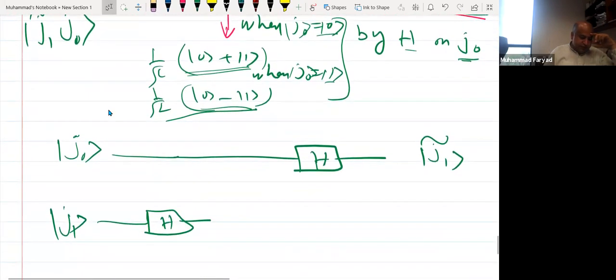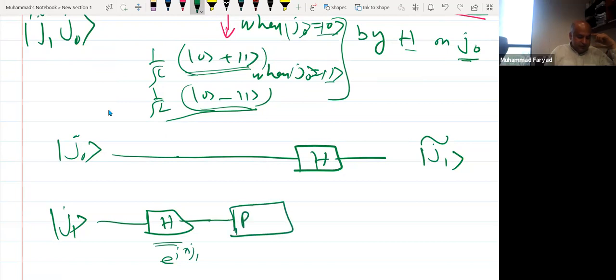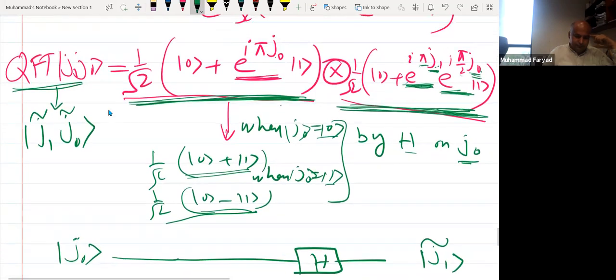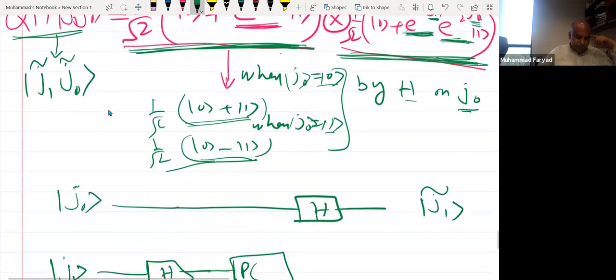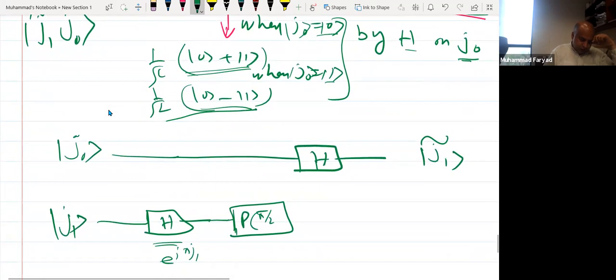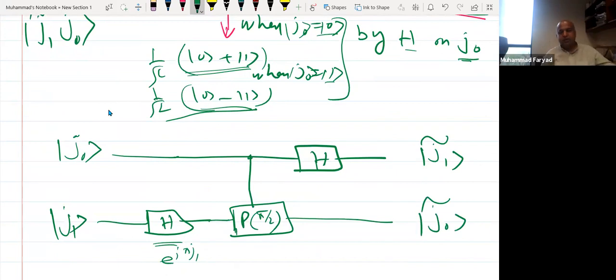So this Hadamard works for exponential iota pi j1. And then I need a phase gate, a phase pi by 2, but not always, only when this j naught is 1. So I need a control with respect to this. So this will give me the j naught qubit after transformation. So this is the circuit for the 2-qubit Fourier transform.